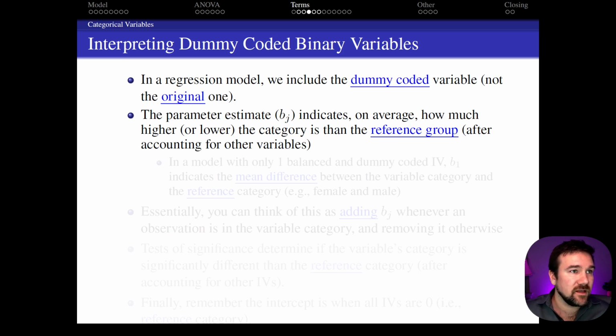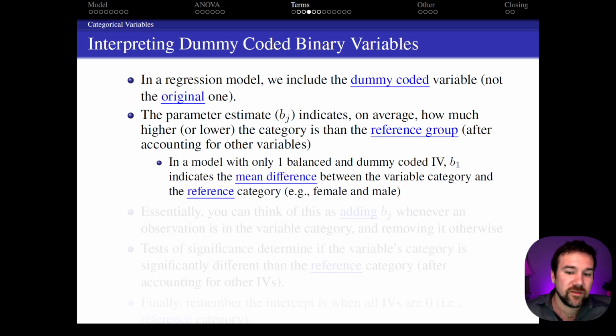So if we're looking at, say, wage, then we would look at how much higher or lower the female wage is than male. So in this particular case, a positive number, female compared to male, would indicate that females are higher than males on average, and a negative number would indicate that females are lower than males on average.